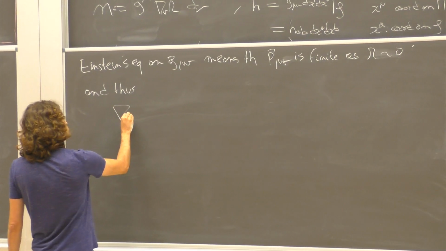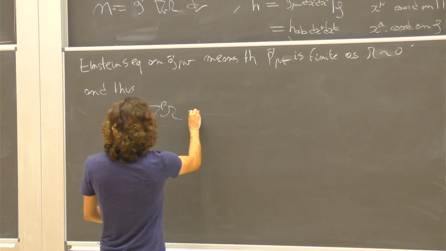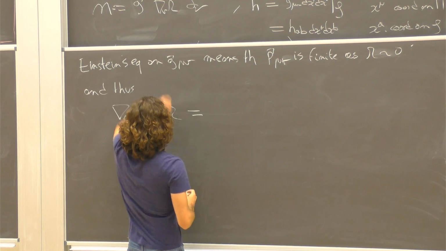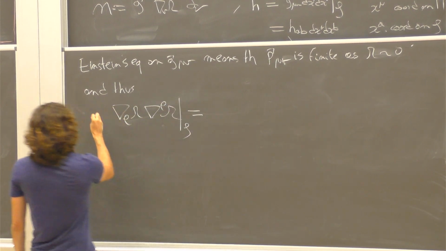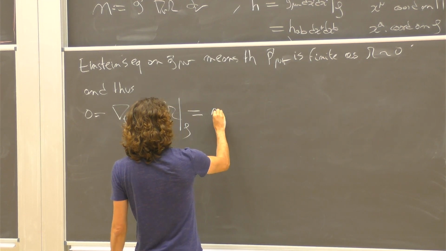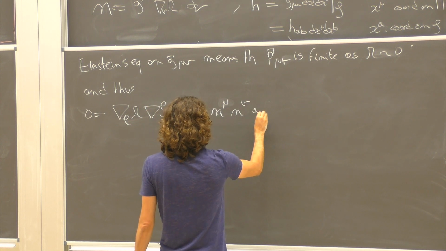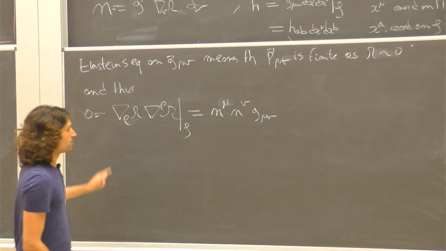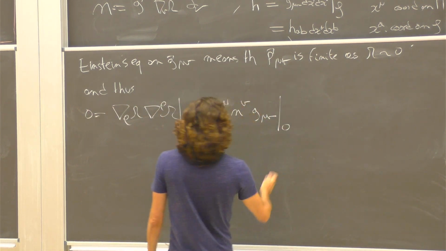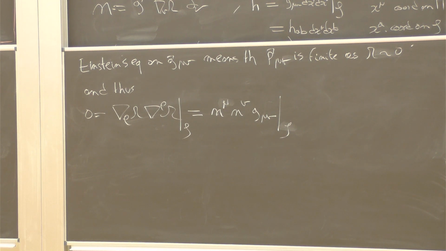So this much vanishes, but what is this? Well, when evaluated at scri, this must be 0, but this is precisely the norm of the vector field, equals 0. So this is already giving the first point: the normal must be null. It immediately follows from the fact that this must be finite.